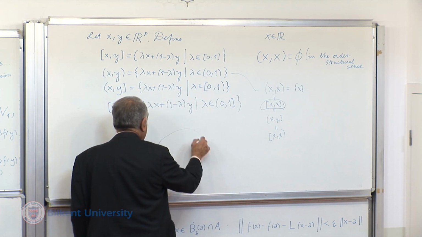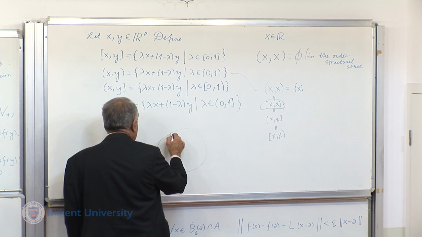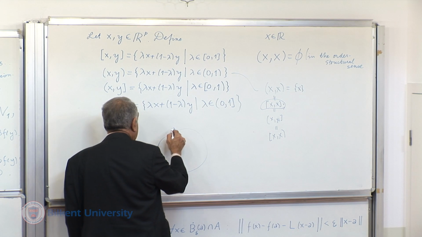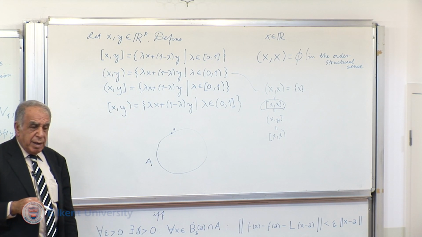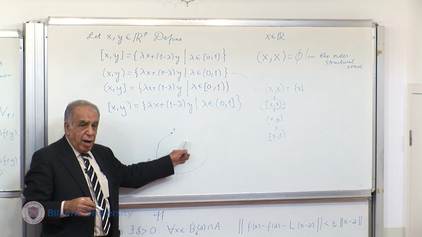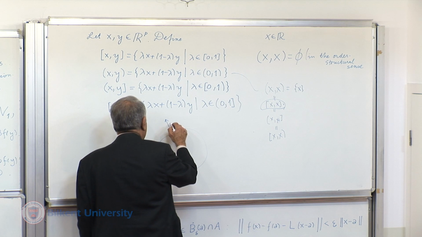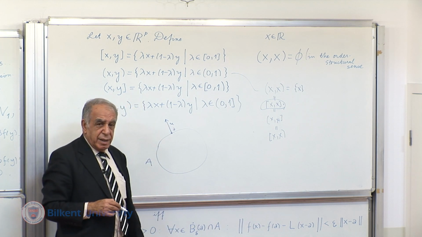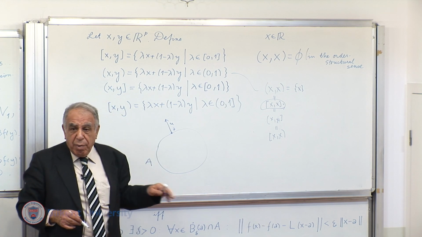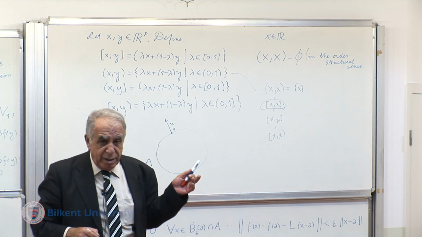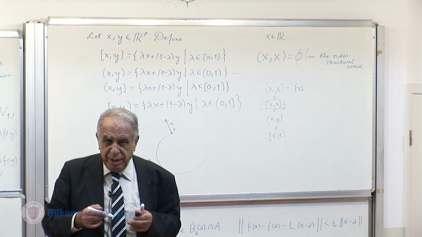But now, suppose this is A, some point in A, which is also a cluster point. If the function is defined on here, and if I choose the direction like this, then I would be moving away from points belonging to the set, and at those points the function would not be defined.